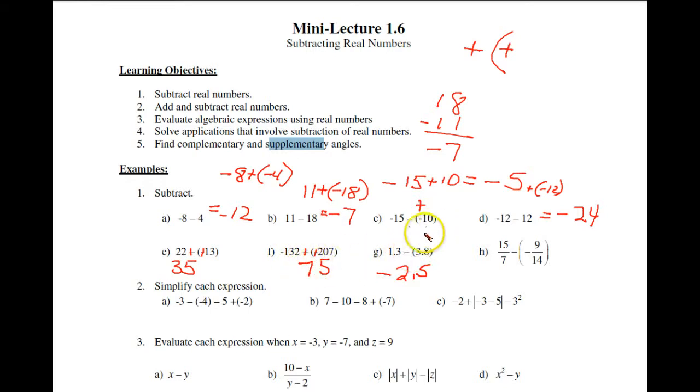And here we're going to take the absolute value of this, which is 3.8, and subtract 1.3 and we get 2.5, but we're going to apply the sign of the larger absolute value. So here, again, looking at this, this is going to be the opposite of a negative, makes it positive.